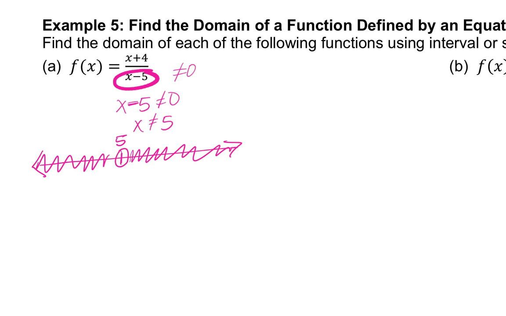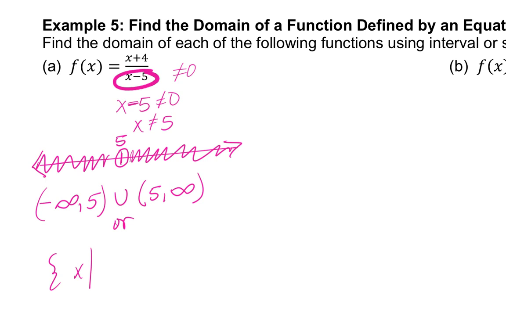Okay? So now you're going to look at negative infinity to 5 as an interval, and 5 to infinity as the rest of the interval. Or, set builder, so depending on how you notate it.